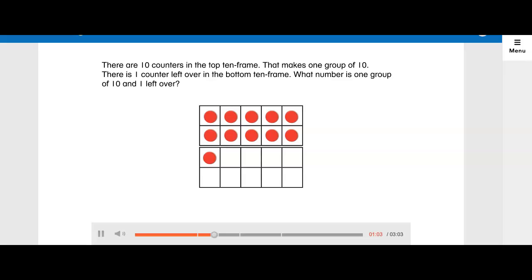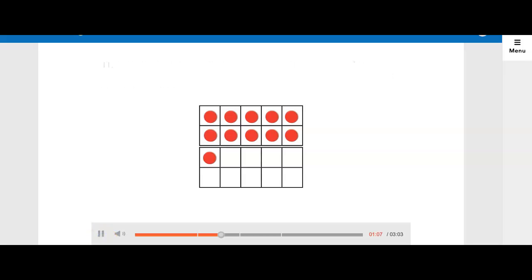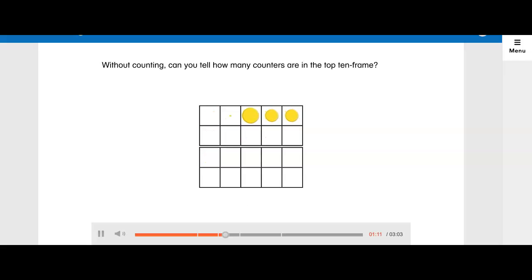What number is one group of 10 and one left over? 11. Without counting, can you tell how many counters are in the top 10 frame?